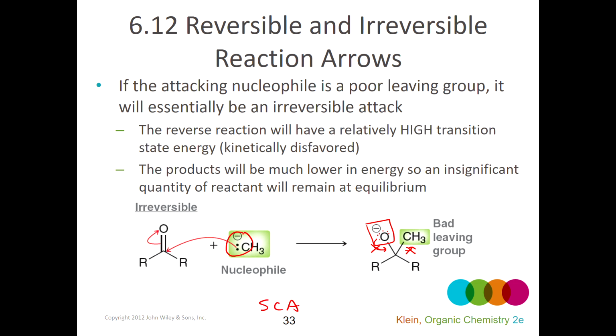We talked about how the atom carrying a charge makes a big effect on the stability of that charge. So oxygen versus carbon is a pretty big difference. And that means that once the negative forms on the oxygen, it's not going to go back to the carbon in any significant amount. Technically it is reversible, like everything's technically reversible, but the degree to which it goes back is virtually negligible.